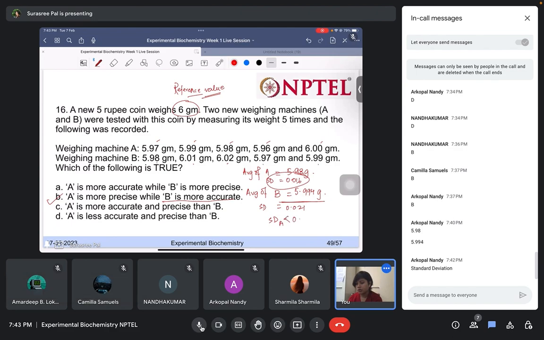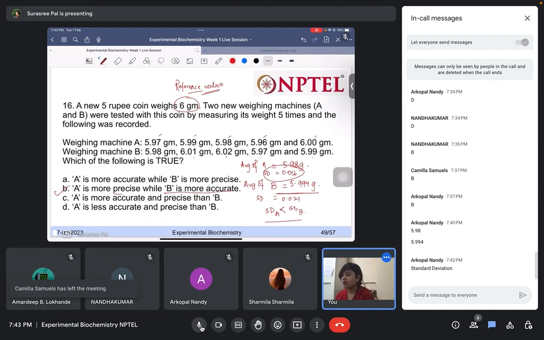Therefore we can say that the measurements in A are closer to each other, so they do not deviate much from the average position, which is why the measurements of A are more precise than B, while the measurements of B are more accurate. So that is why the correct solution is B.